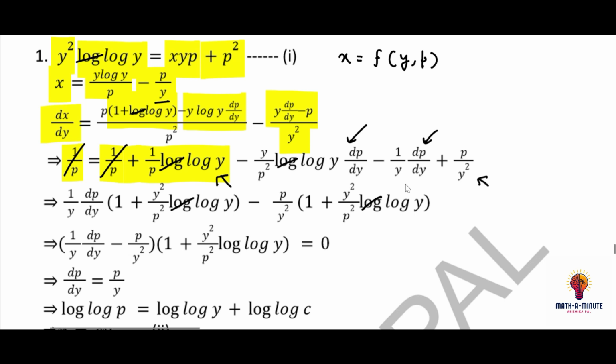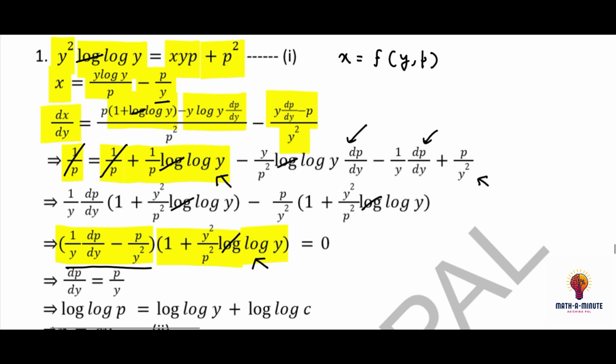Okay, so this equation becomes 1 by y dp/dy minus p by y squared, into 1 plus y squared by p squared log of y, equals to 0. Okay, so we can discard this part, and from this equation we can write dp/dy equals to p by y.